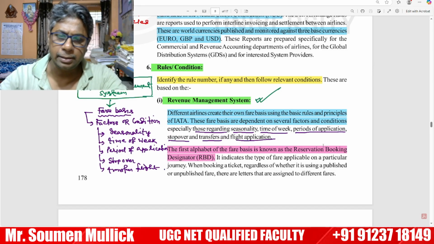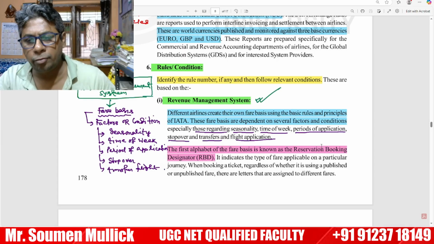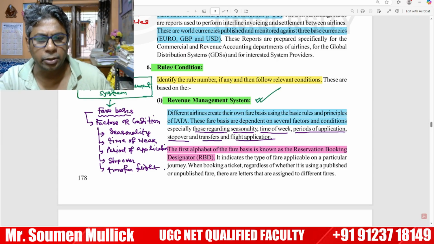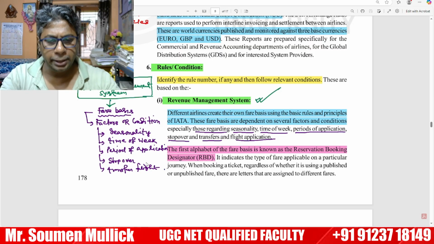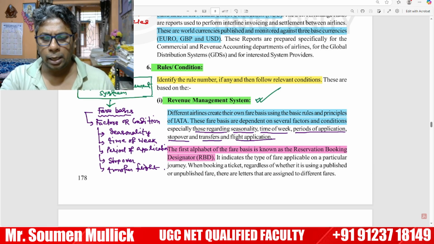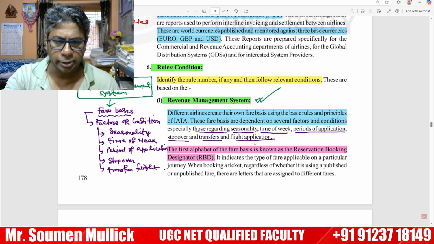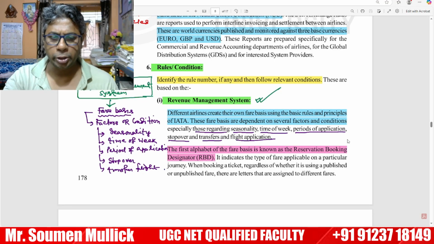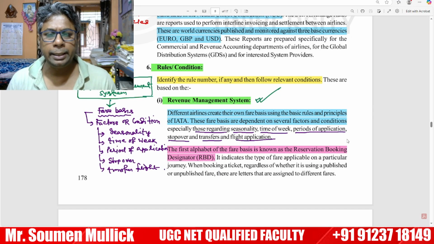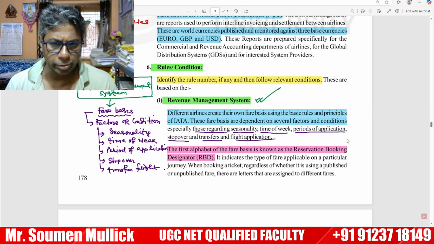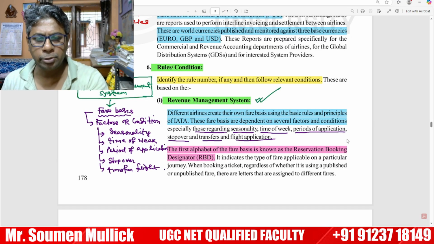These fare bases depend on several factors and conditions. Factors and conditions can be seasonality, time of week, period of application, stopover and flight application, transfer and flight application. These are the conditions, and based on these conditions different airlines create their own fare basis, as part of the revenue management system.